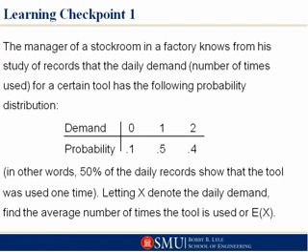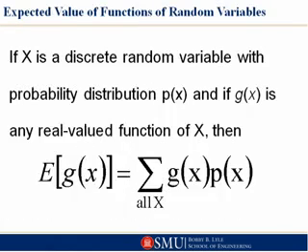So add that to the value that it can take, 1, times the probability that it'll take that value, 0.5, plus 2 times 0.4. So you add those three up, 0 times 0.1, 1 times 0.5, 2 times 0.4. And that's how you get the expected value. Expected number of times, the average number of times the tool would be requested in a day.